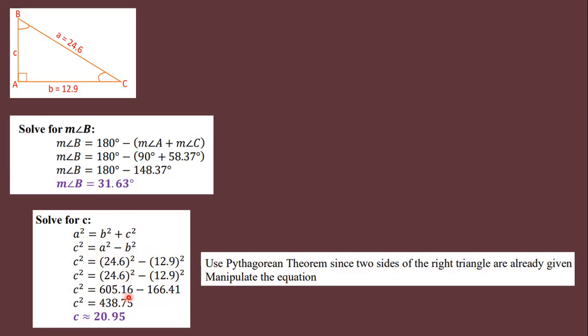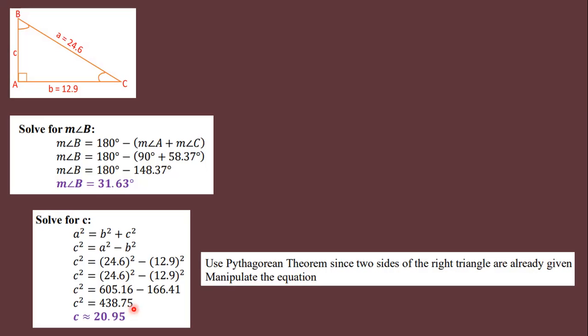Then you subtract: 605.16 minus 166.41 is equal to 438.75.